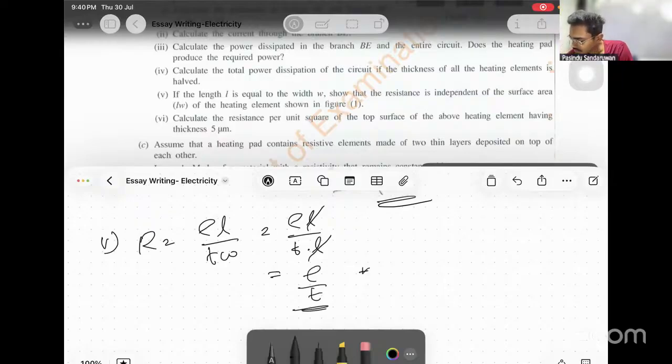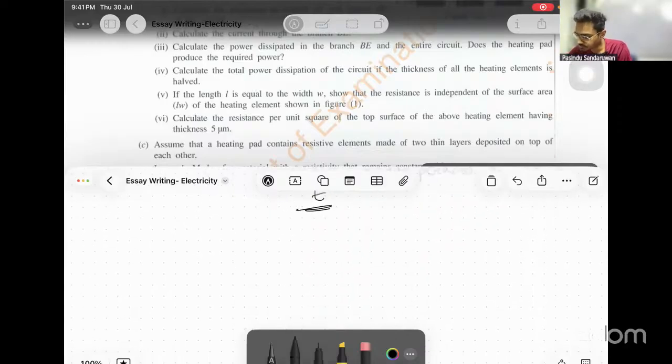This is independent of LW. So we have shown part 5. Part 6: calculate the resistance per unit square of the top surface of the above heating element having thickness 5 micrometers.